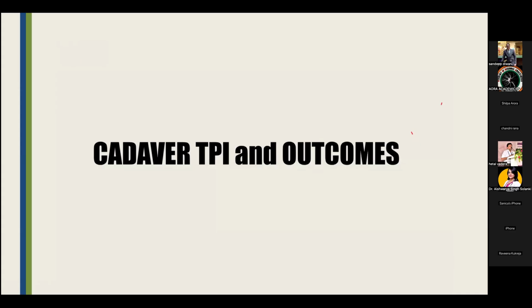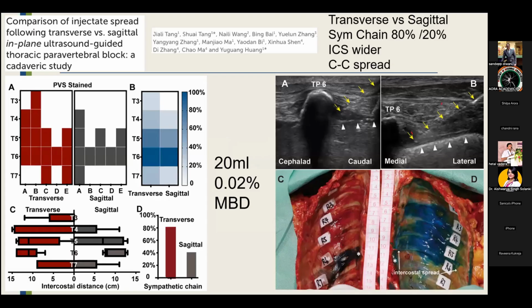We should understand this. A couple of recent studies with ultrasound. Now, you can see that this is a comparison between the transverse and sagittal. You know what the transverse placement of the probe is and what the parasagittal placement of the probe is.